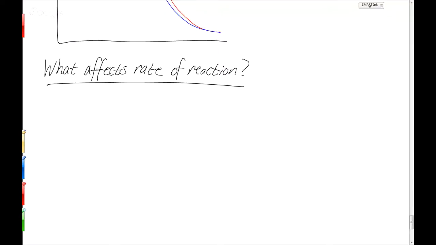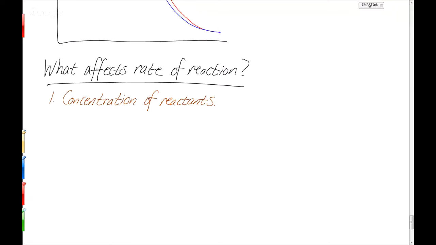number one thing, well, I mean, all these things affect rate of reaction, but one thing is concentration of reactants. If you have a greater concentration, you usually increase the rate because it allows those reactants to have greater contact with each other.